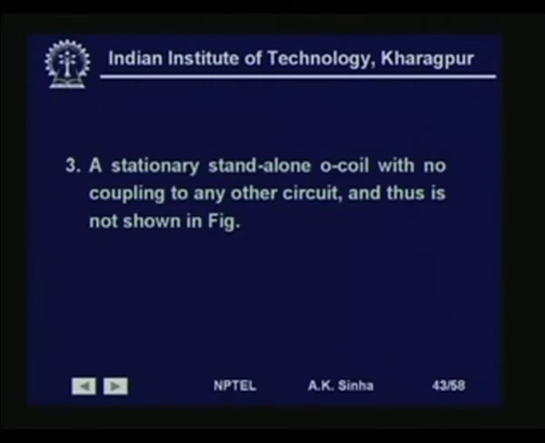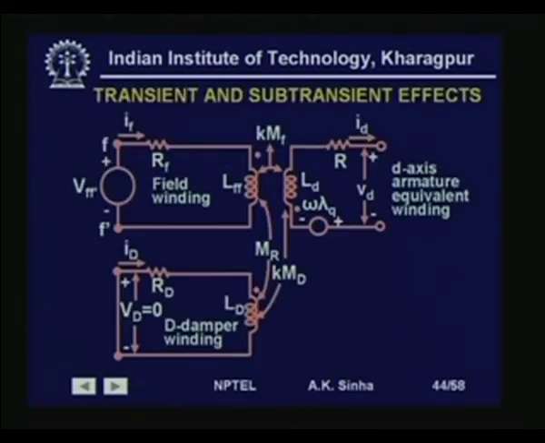And a stationary standalone 0 coil with no coupling to any other circuit is not shown, as it is not used as such. For transient conditions, the same thing happens, except that we have the damper winding coming into play, and using this circuit we can use the transient and subtransient effect.